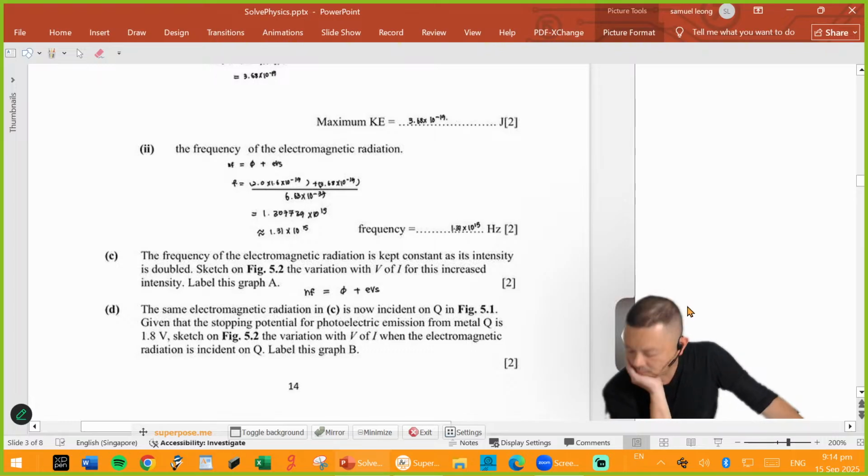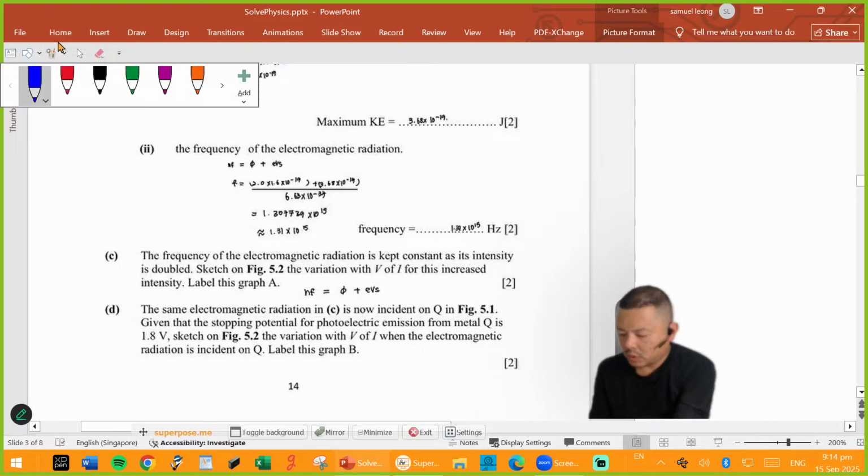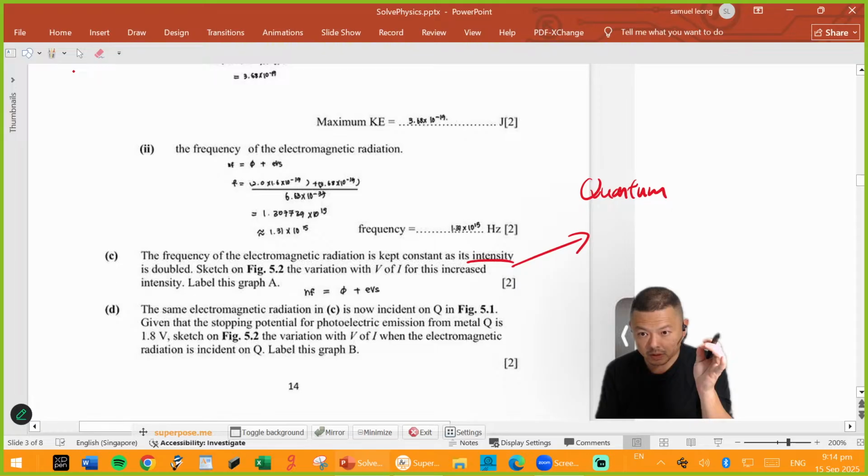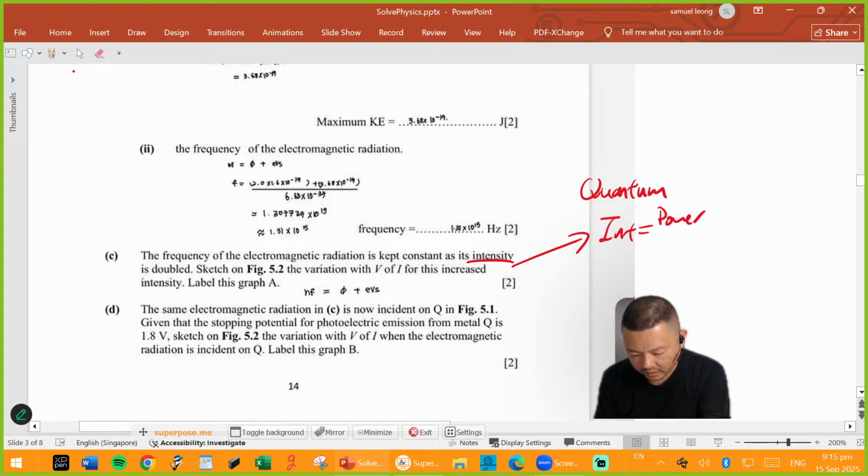I don't know whether you remember this in quantum. Intensity is a trigger word in quantum physics, because you should be triggered when asked about intensity. Intensity is power over area, just like what we did.